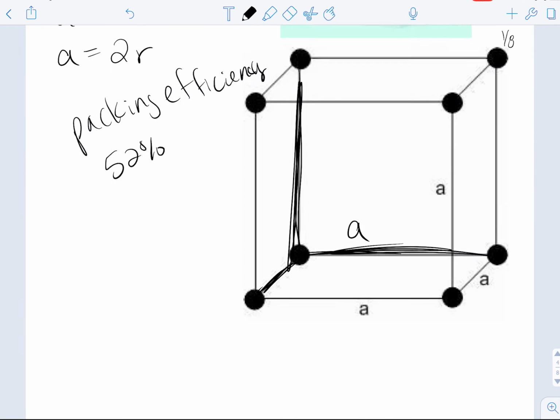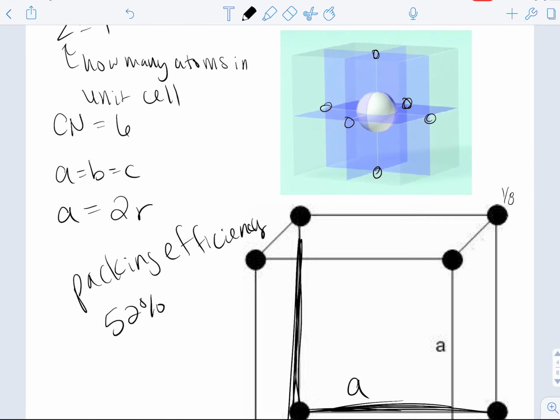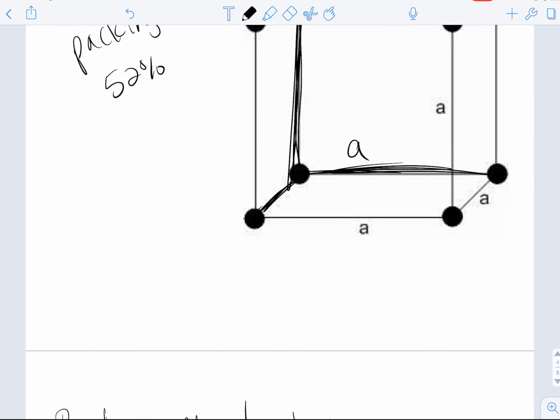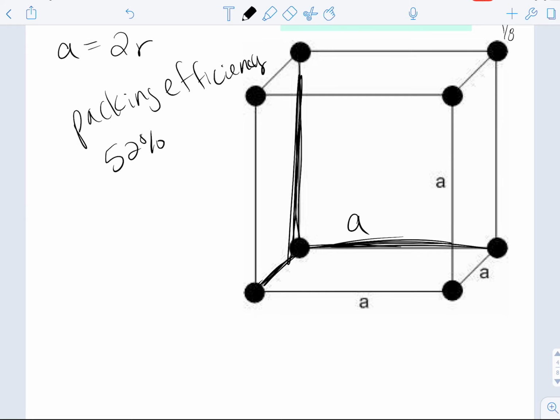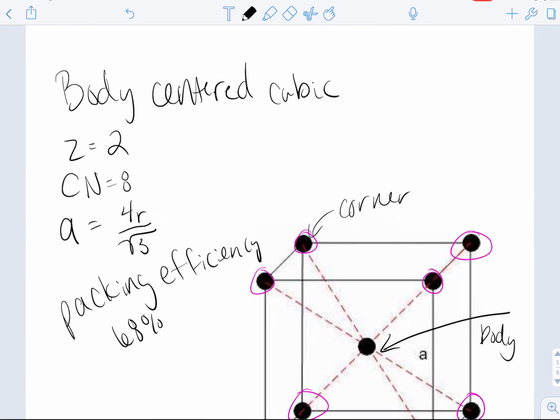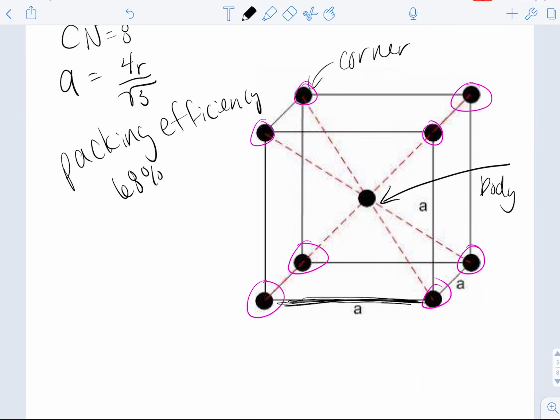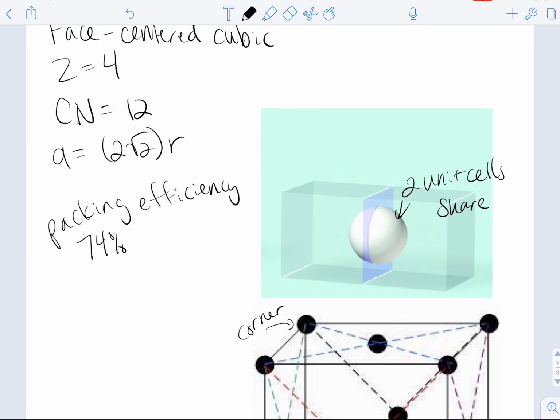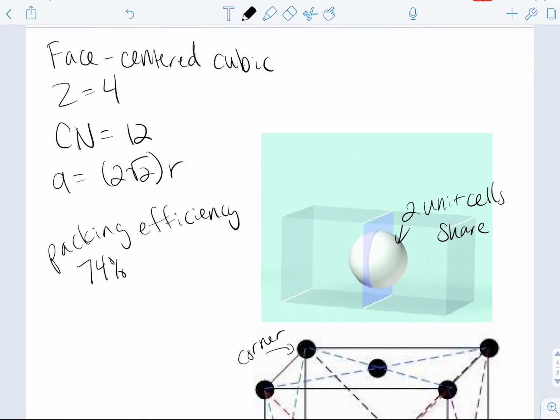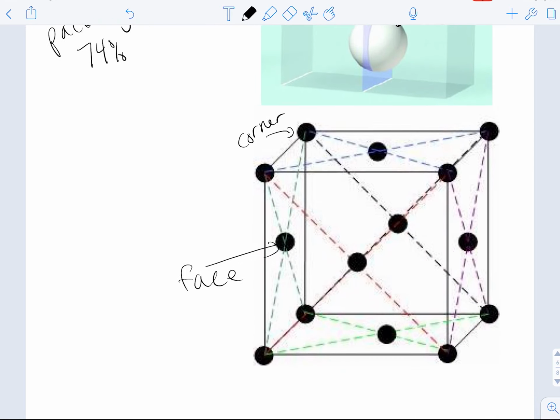So going from our primitive cubic at the lowest packing efficiency, 52% of that unit cell is filled with atoms. Our body centered is a little bit better, 68% of the unit cell is filled with atoms. Our face centered is going to be the greatest at 74% of the unit cell being filled with atoms.